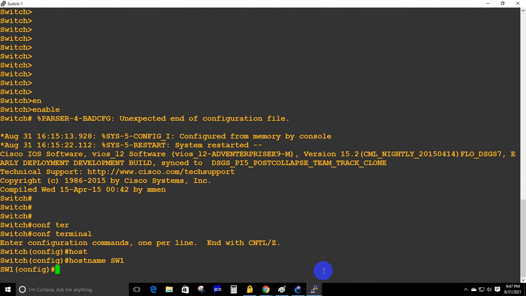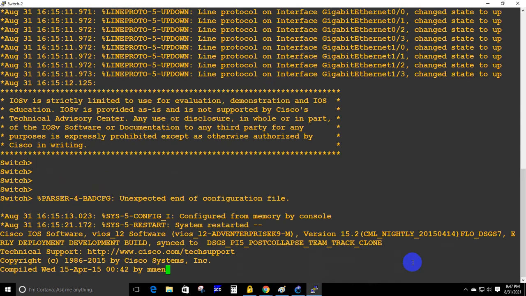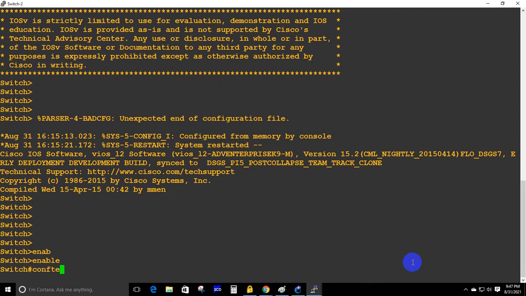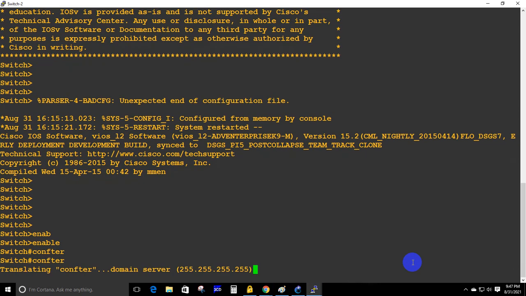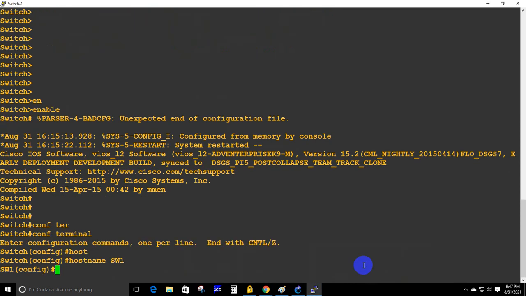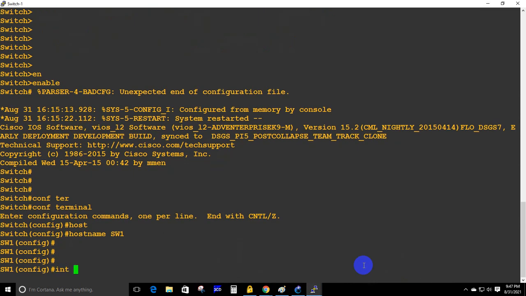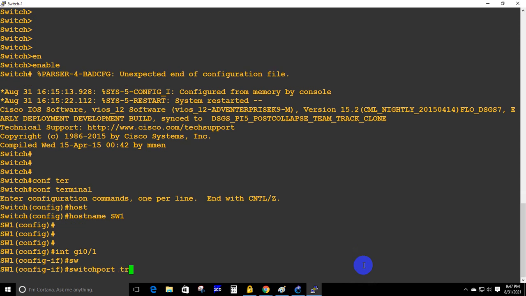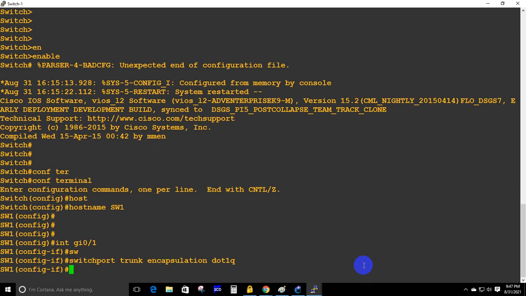Hostname switch 1. Interface Gi0/1, switchport trunk encapsulation dot1q, switchport mode trunk.